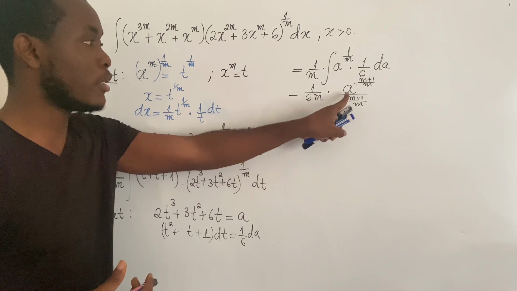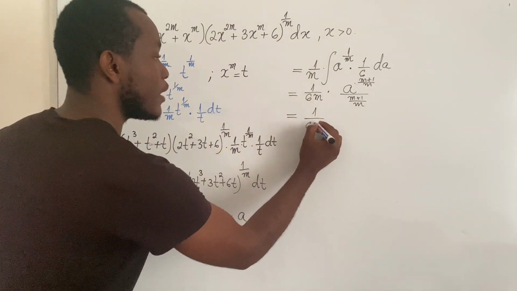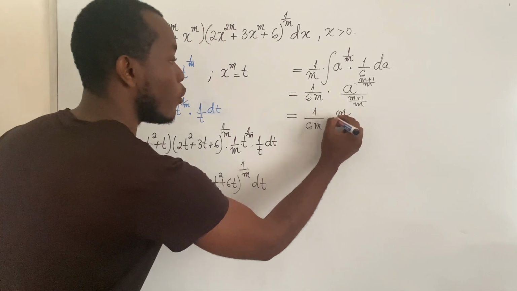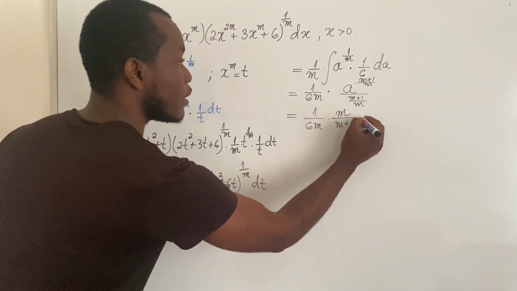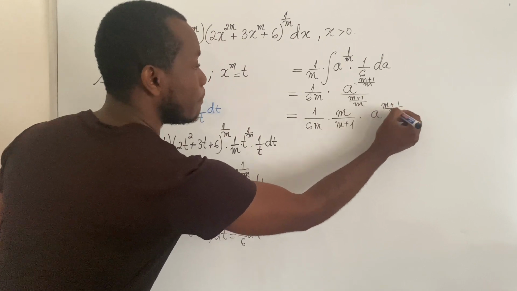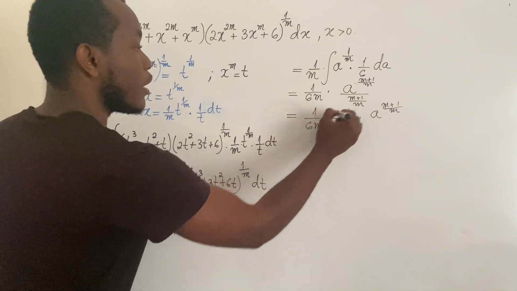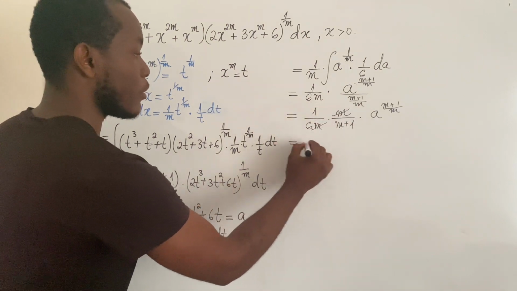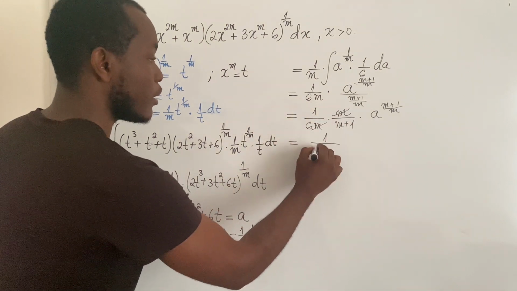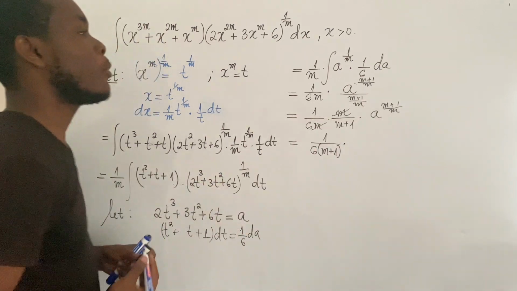So it's going to be 1 times this expression. So we're going to have 1 over 6m times m over m plus 1 times a to the power m plus 1 over m. But now this m and this m can cancel out. So this is going to be equal to 1 over 6 times m plus 1 times a.